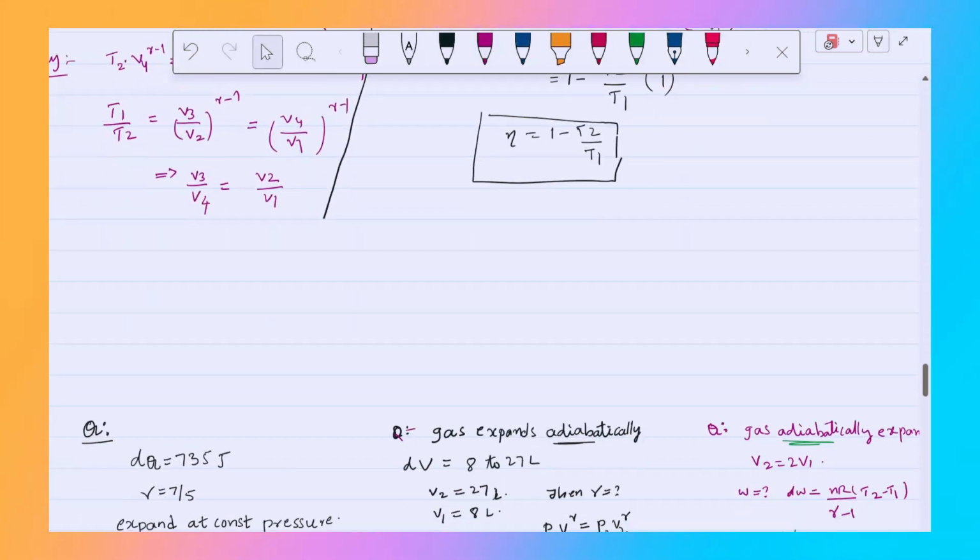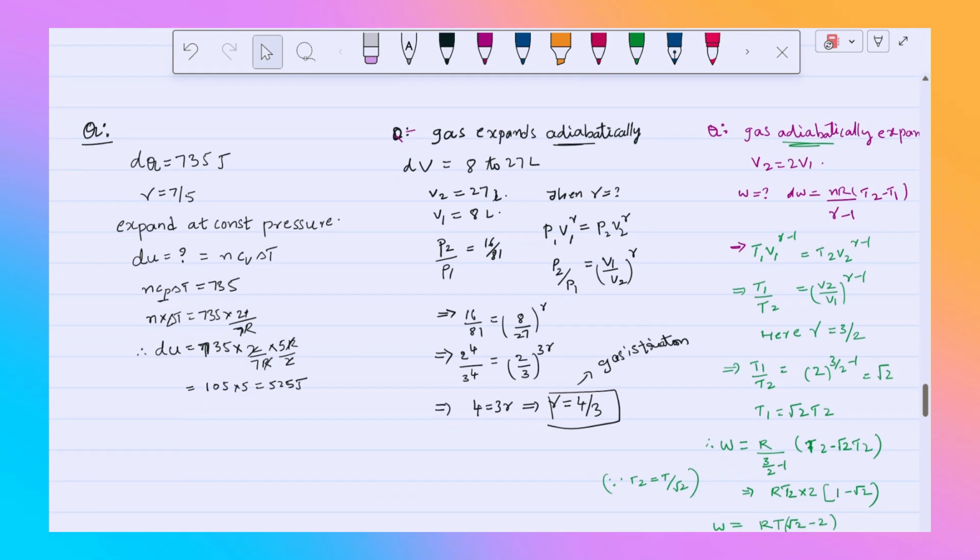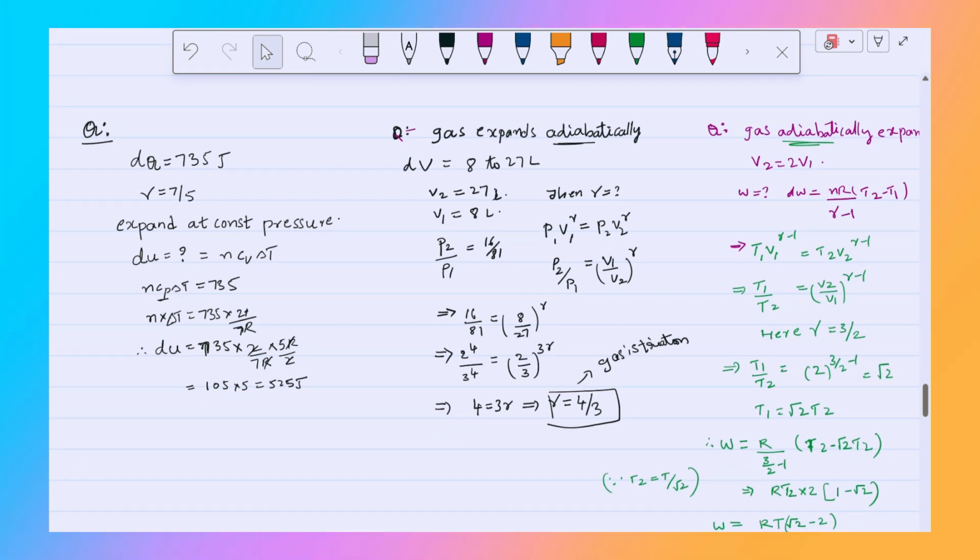See. So first problem, dQ is given as 735 joules, means heat energy is given. And gamma, the ratio of specific heats, is 7 by 5, means a diatomic gas is given. And it expanded at constant pressure, so it is an isobaric process.